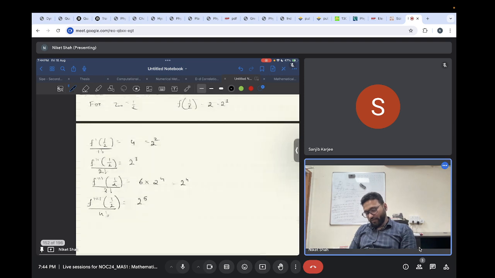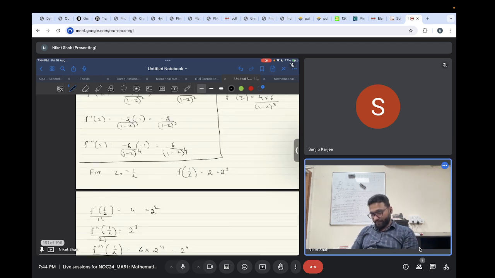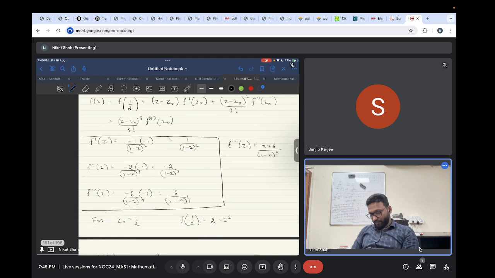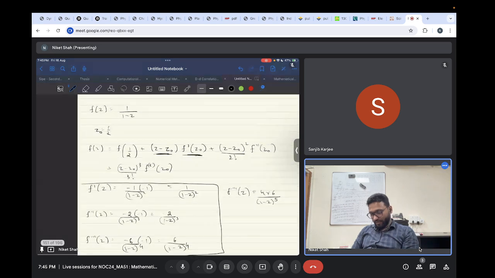So basically what I'm getting is 2 raised to power n plus 1 into z minus half raised to the power of n.